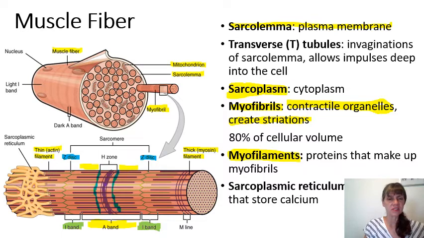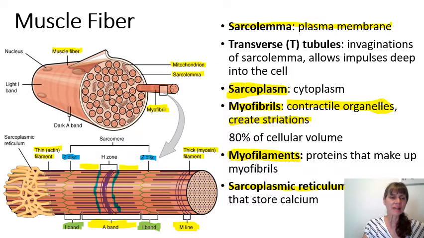There's something else you need to know on this picture. And I just realized the M line is identified down here. There is a structure produced by an organelle called the sarcoplasmic reticulum.